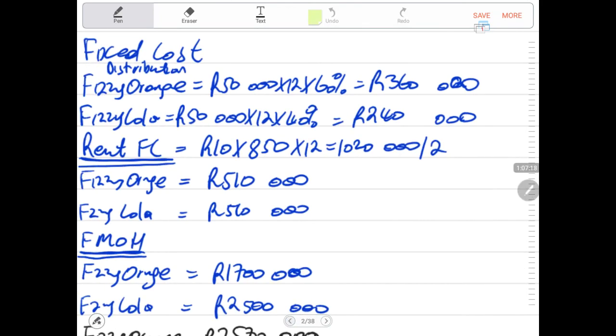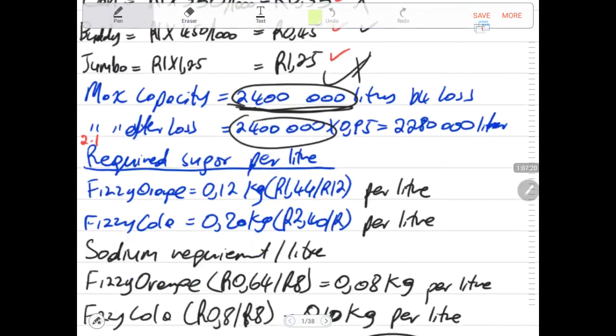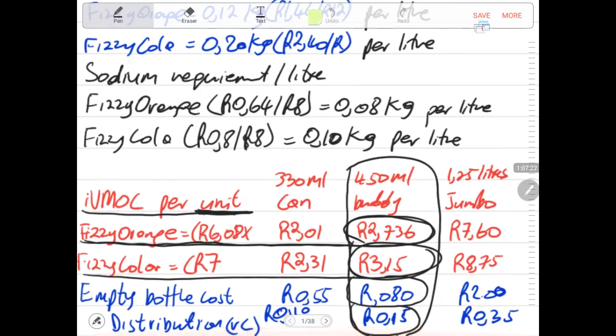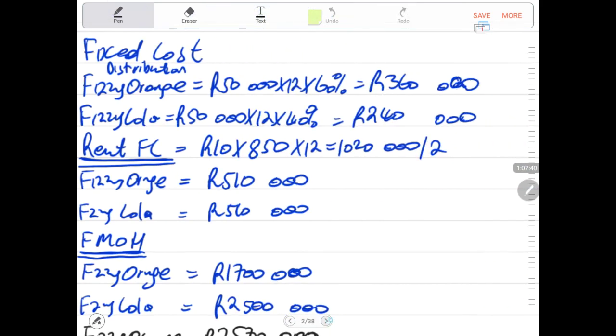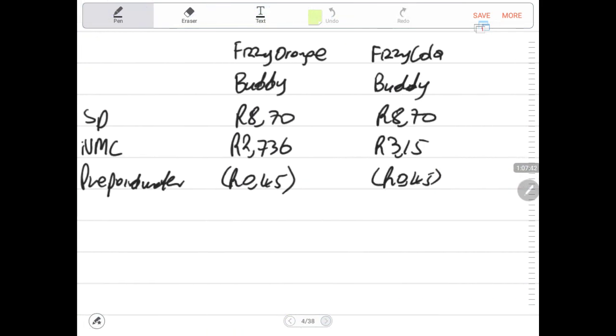We had a distribution cost, which was partly variable, and the empty bottle. Remember that the empty bottle applies to all bottles, and there are 15 cents for the distribution cost.